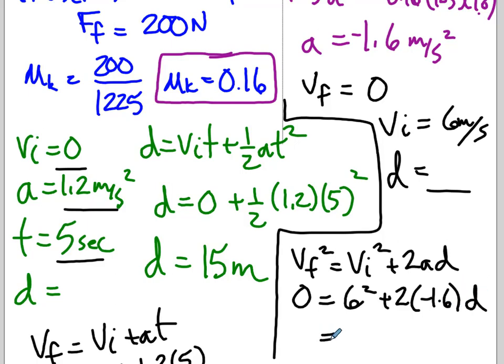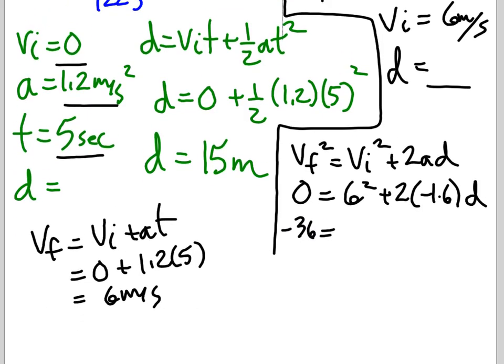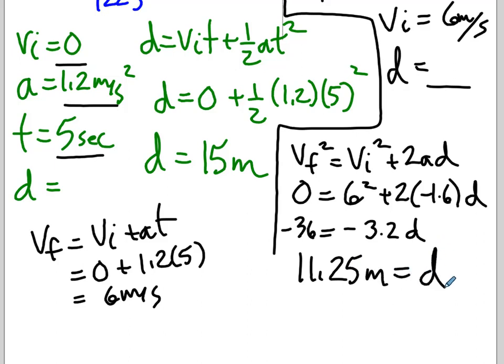So by the time I solve, I'm going to have negative 36 equals negative 3.2d. Divide that out, and 11.25 meters is the distance the box continues to slide until it comes to a complete stop. And that's the second part of the problem.